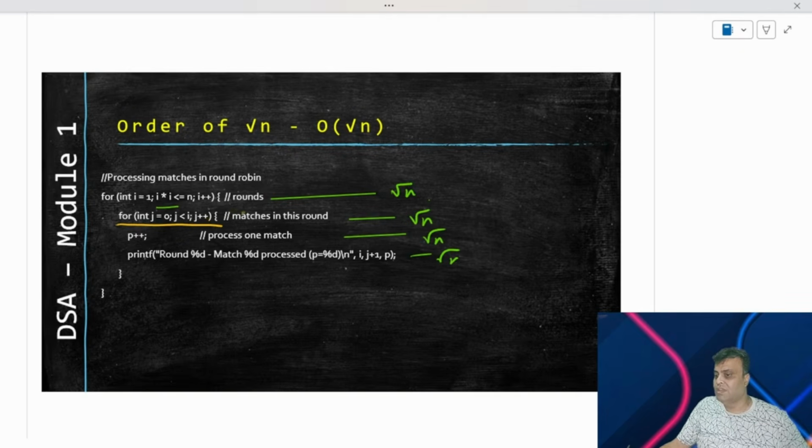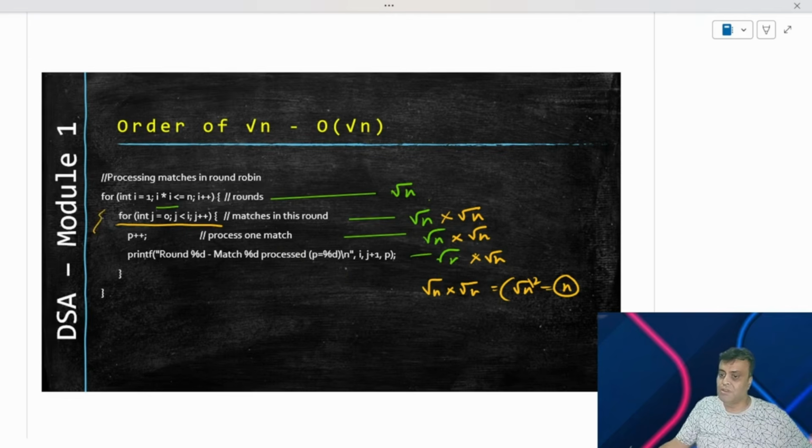So j less than i will execute itself for how many number of times? i is going to go on till root n, so j less than i will go on for root n number of times. So we will have root n into root n, which is root n square, and we will come up with an n for this particular problem.